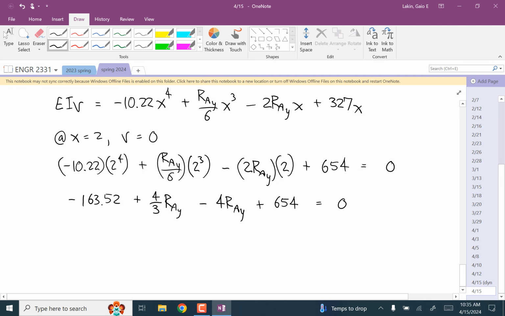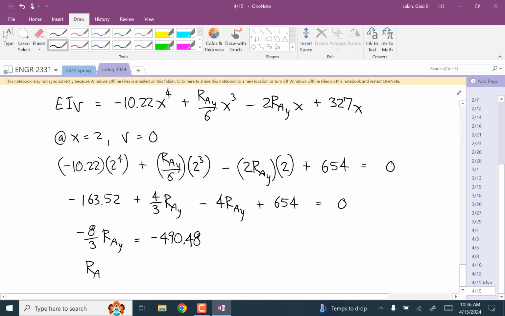And so we have negative 8/3 RAY is equal to negative 490.48.